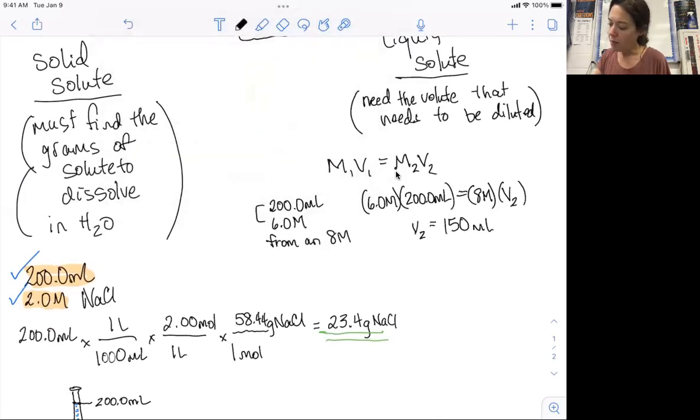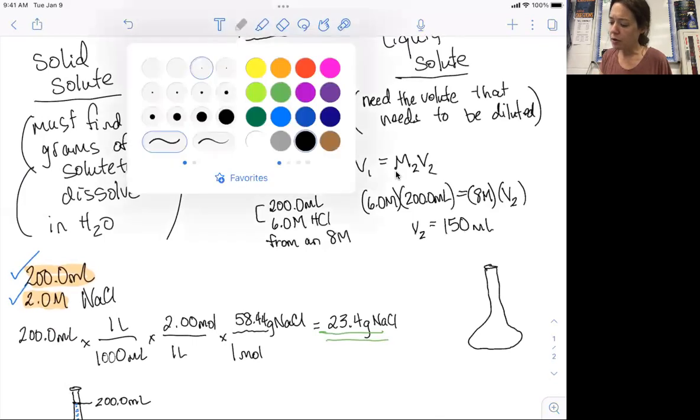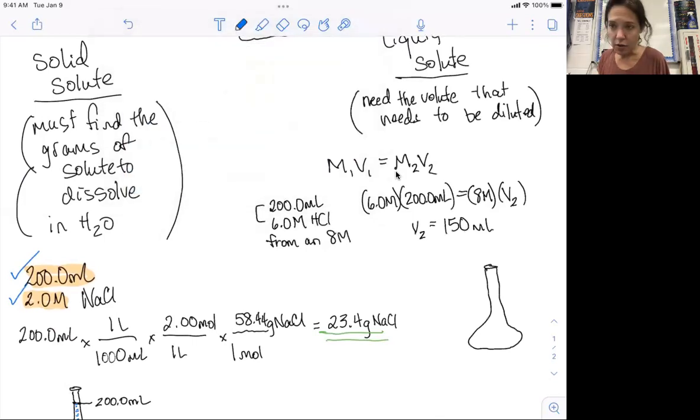How would I make this solution? I would get my volumetric flask. Let's assume this was an acid, since it's often an acid that you're diluting. Whenever you are diluting an acid, the first thing you want to do is get your flask, appropriate volume, and put some water in it. It's like a buffer. It absorbs the heat when the acid mixes with the water, and it dilutes the acid if it were to spill.